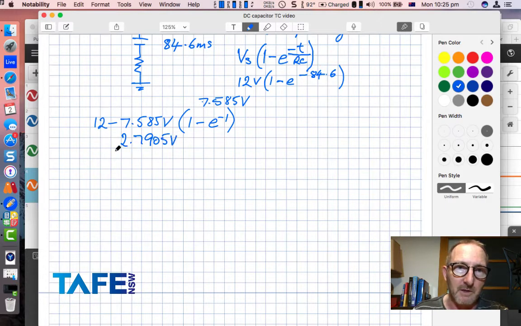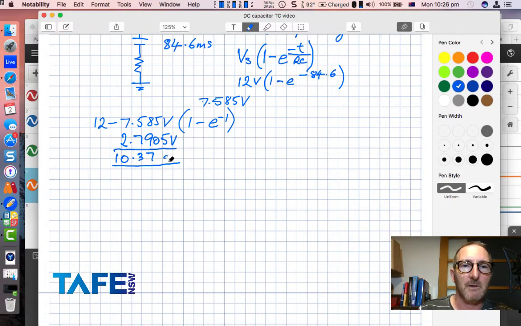Then if I add that voltage to the 7.5 volts that I've got there, I reckon I'm going to get about 10.37, it's 10.3755 volts.